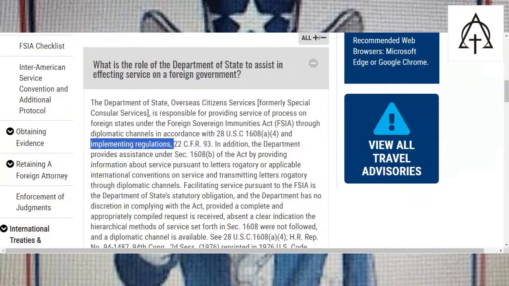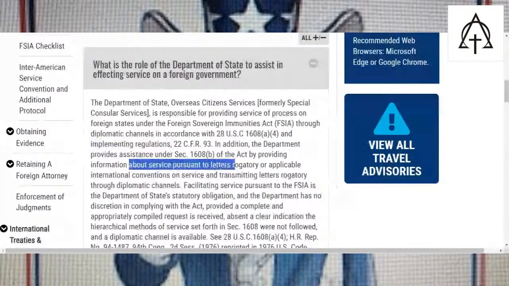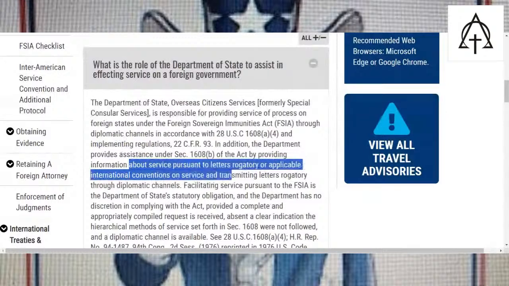They are not supposed to be going after the private man. This is the distinction of the Foreign Sovereign Immunities Act. In addition, the Department provides assistance under Section 1608(b), providing information about service pursuant to letters rogatory or applicable international conventions on service and transmitting letters rogatory through diplomatic channels.